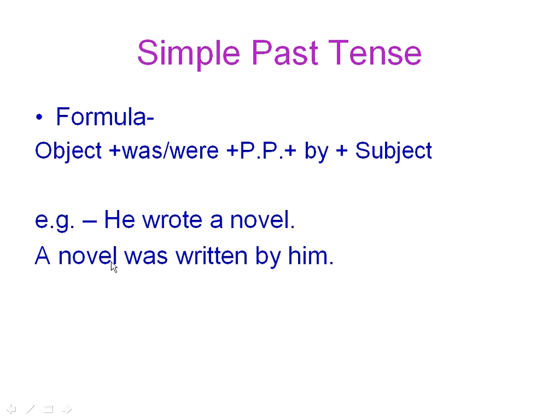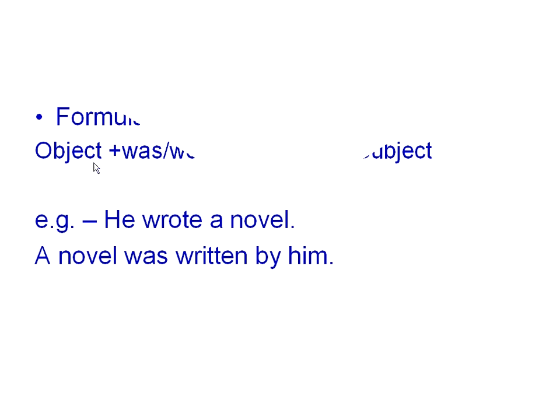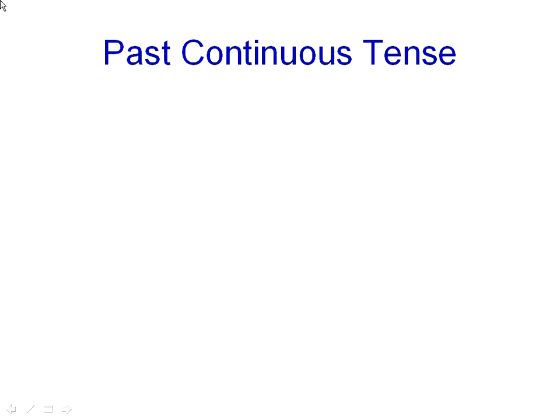Here there is no to be form in the simple past tense, so we use was according to this subject, was, and then past participle of the verb, then by, and then him.